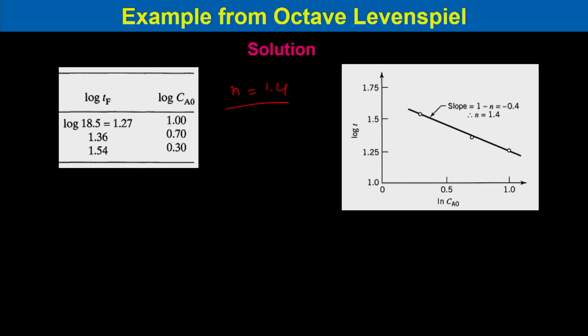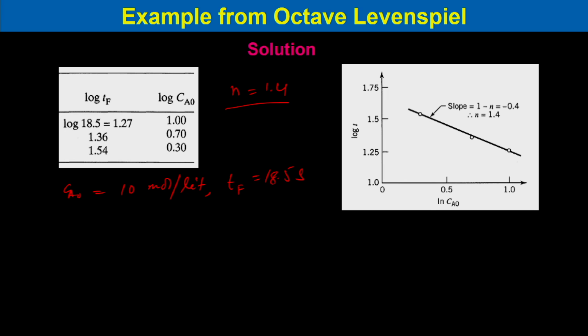Now, to evaluate the rate constant, we pick any concentration, say Ca naught is equal to 10 mole per liter and Tf is 18.5 seconds.